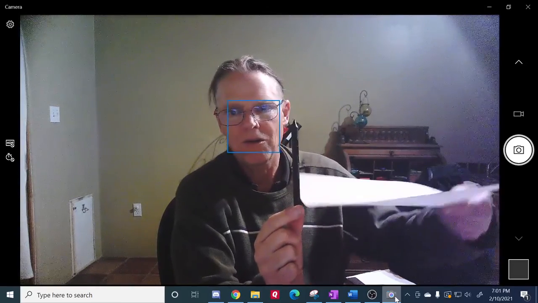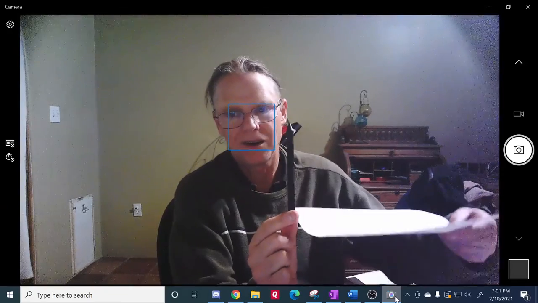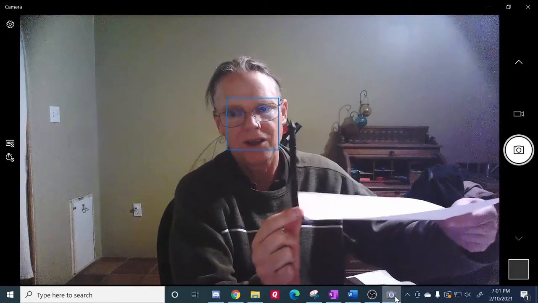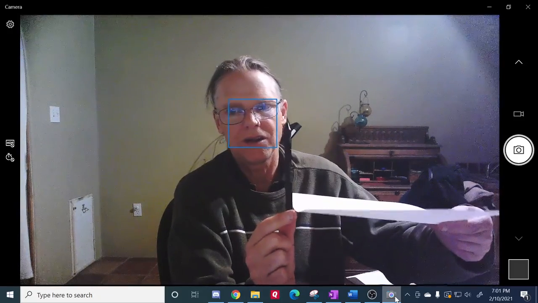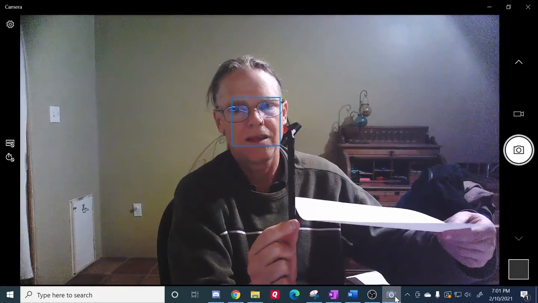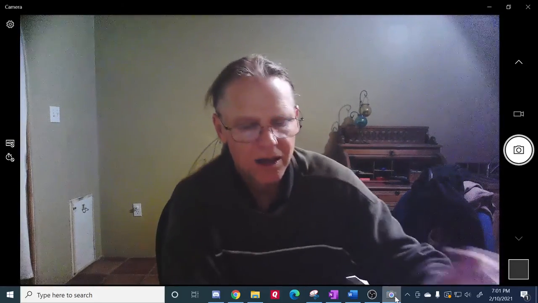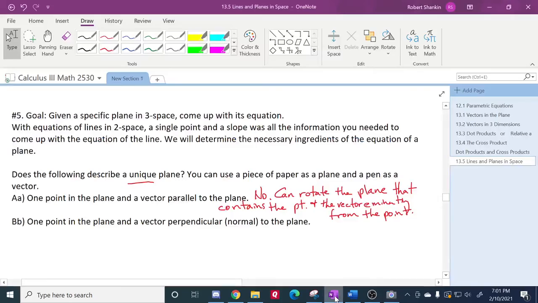If I rotate it to any angle, it's no longer perpendicular to the vector. It's got to go through this point, but you can't be tilting it to any other angle. There's just one plane that does it. Yes. There's just one plane that will do this.